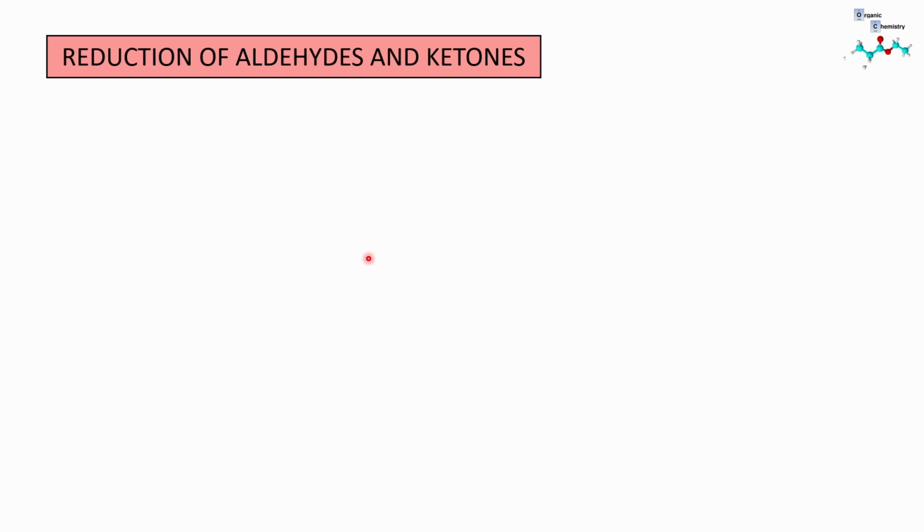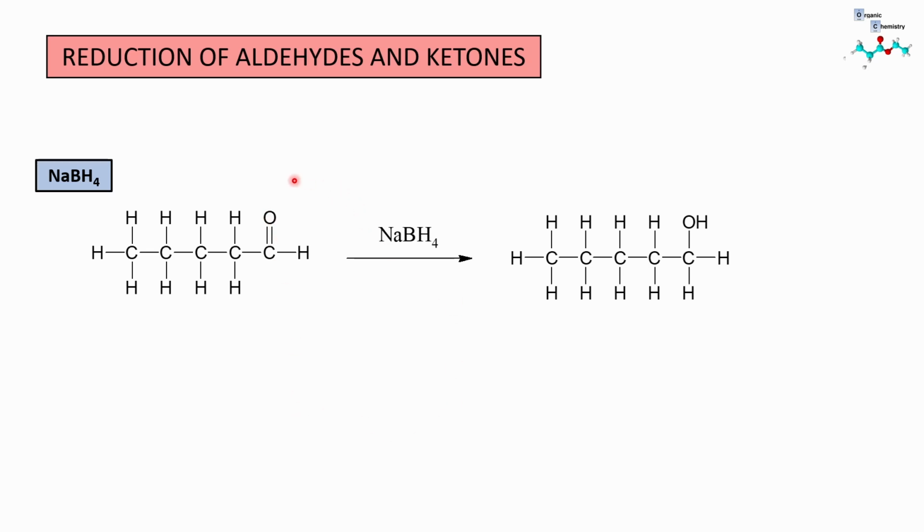Okay, so we know that alcohols can be oxidized to aldehydes, aldehydes to carboxylic acids, or we can oxidize secondary alcohols to ketones. But remember, we said at the start we can actually do the reverse reaction as well. If we add sodium borohydride, we can take an aldehyde functional group and turn it back into a primary alcohol.